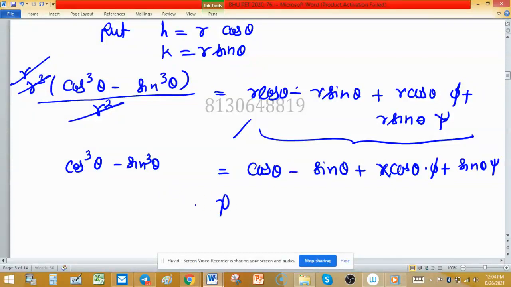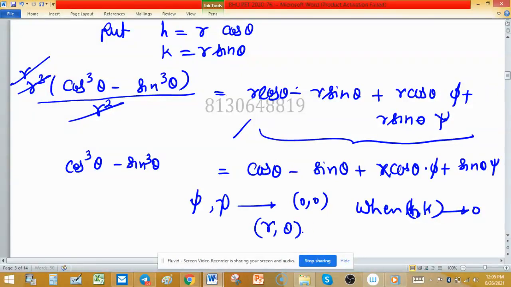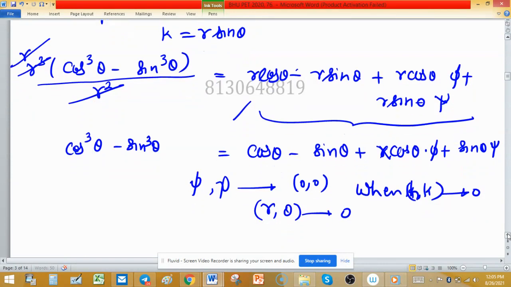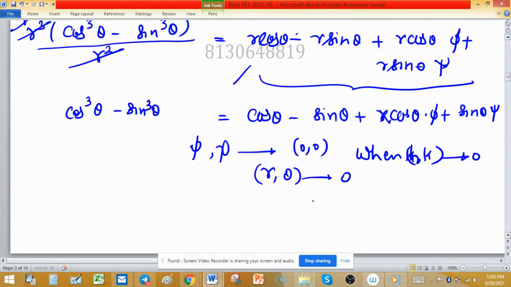Whenever this function phi and psi is going to 0, when (h, k) is going to (0, 0), it means that r and theta we need to send to 0. Particularly, I'm going to fix theta and send r to 0.